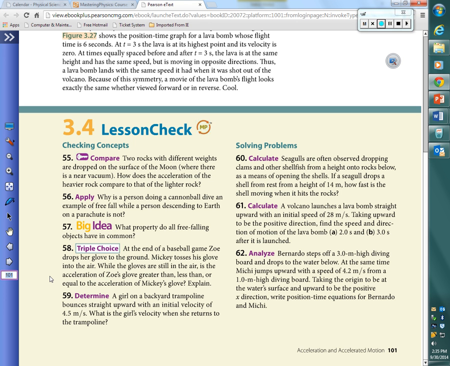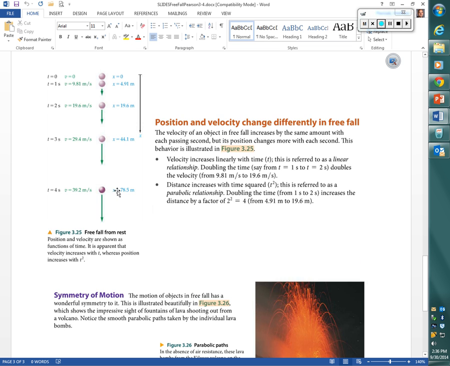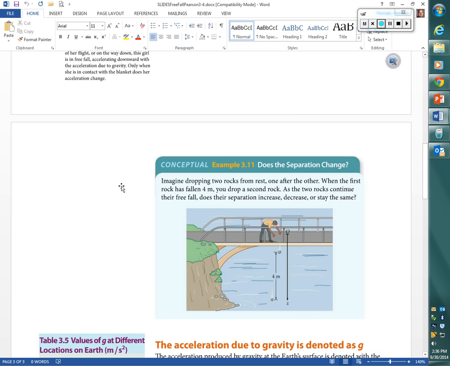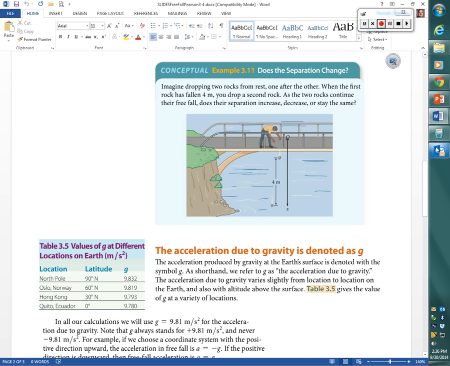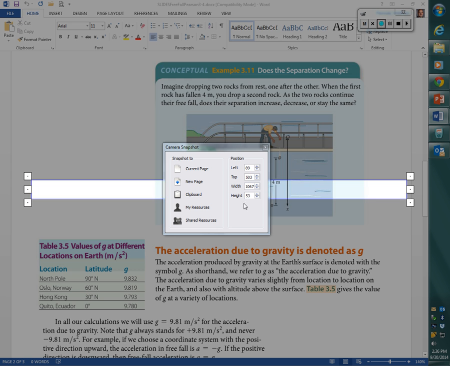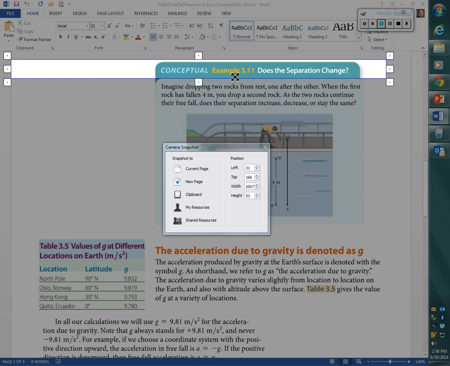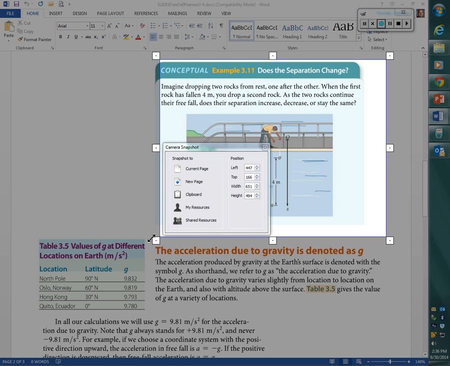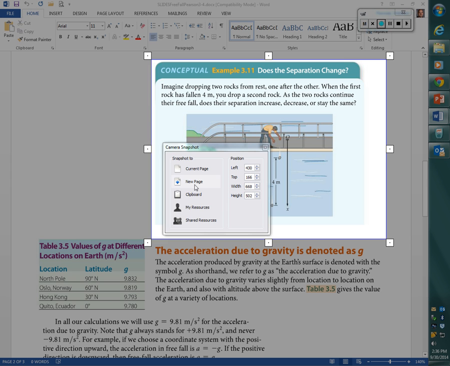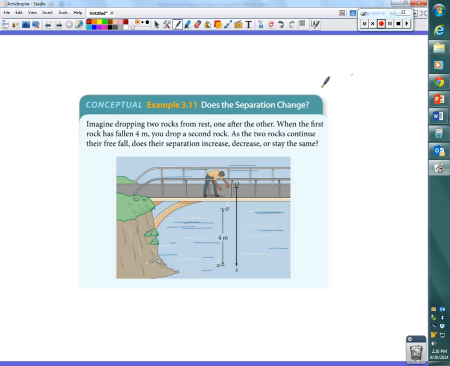All right. Good with those three. Next, I would like you to open up your packet 3.4 to page 2. And at the top of page 2 is conceptual example 3.11.